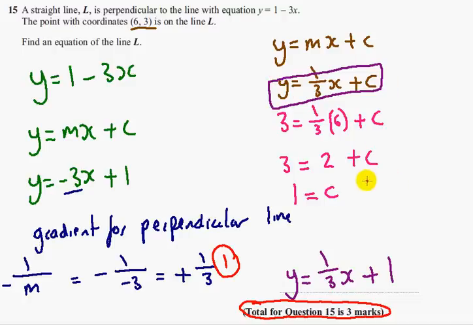So the second method mark is for finding the value of c, which is 1, and the third and final mark is for the final answer of y equals 1/3 x plus 1, the equation of the perpendicular line, which is called L. That's the third mark. And that's it for question 15.